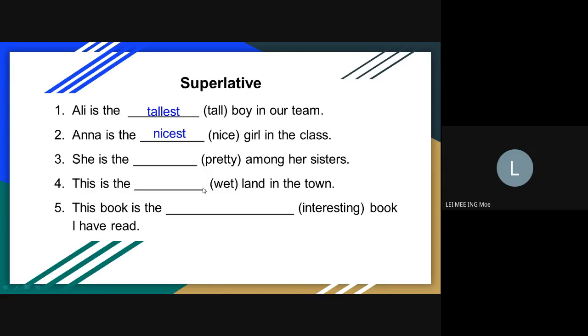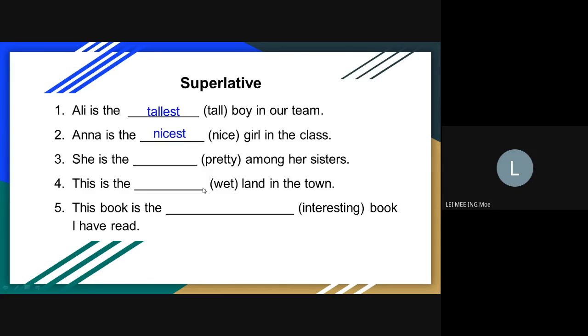Good. Now, question number 3. She is the among her sister. The given word here is pretty. Can you please type down the answer, the superlative form for pretty here? I give you a few seconds.